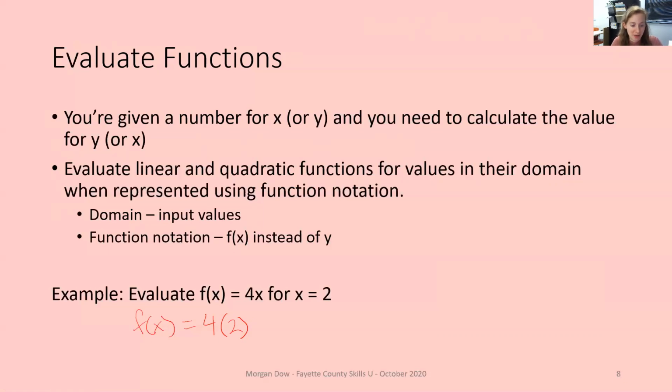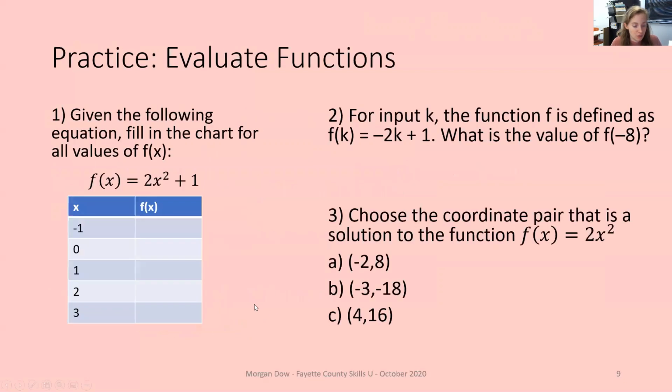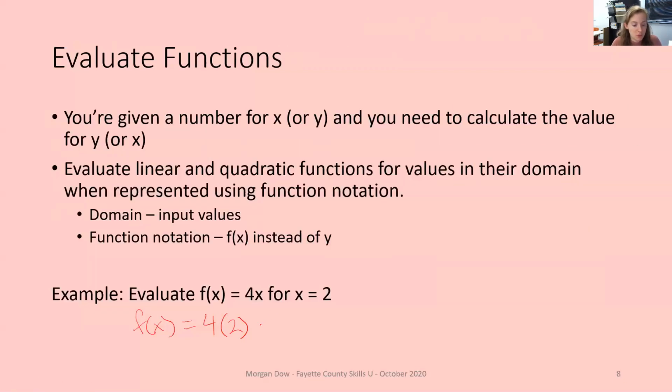So plug in the number and chug through the calculation. 4 times 2 is what it is telling me here. 4 times 2, which is 8. So for this particular function, when our input is 2, our output is 8.